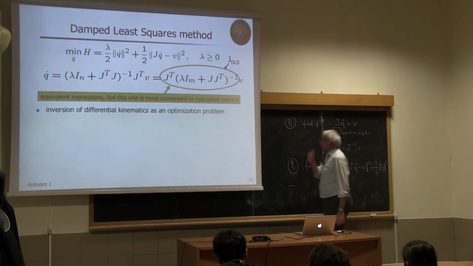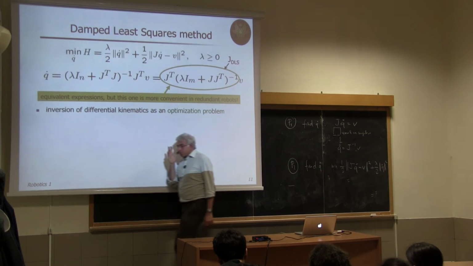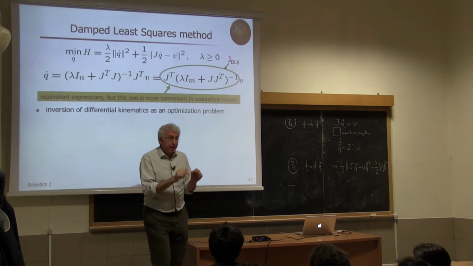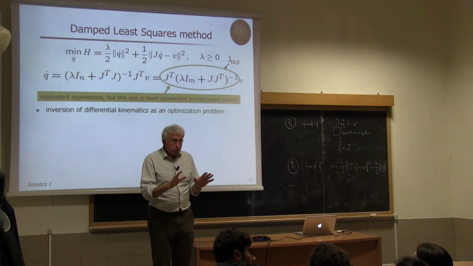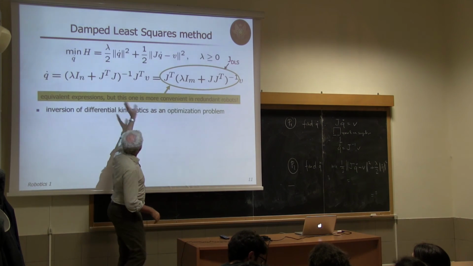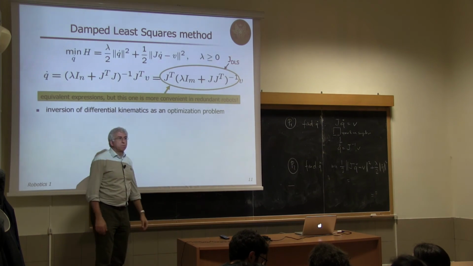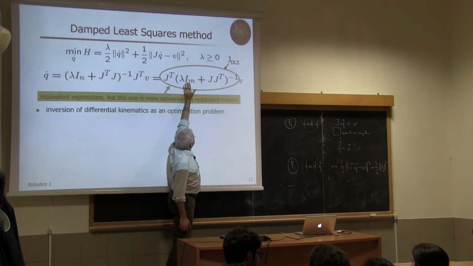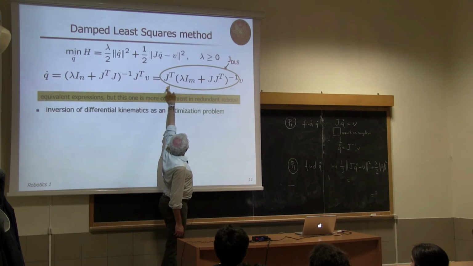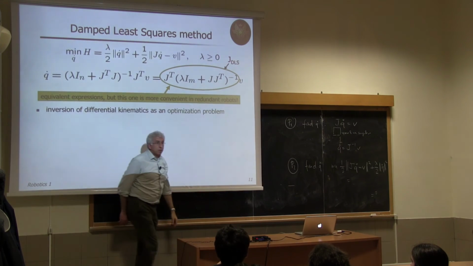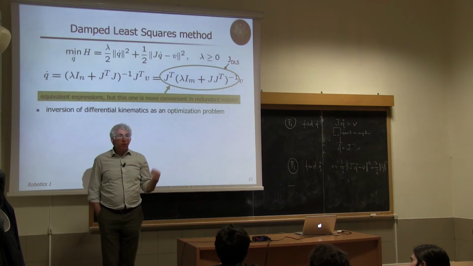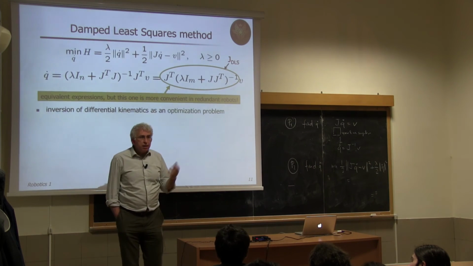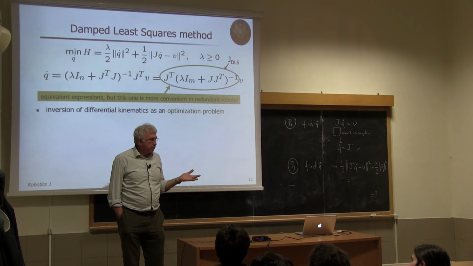And of course, if you're sure that you're far from singularities, and this is the reason why you need to analyze the structure in advance, you can solve this problem and just put lambda equal to 0. Because if you put lambda equal to 0, you have this solution still working, and this applies both for square and non-square Jacobians. And if the Jacobian is square, you simplify things and you find that this is exactly J to the minus 1. Okay?